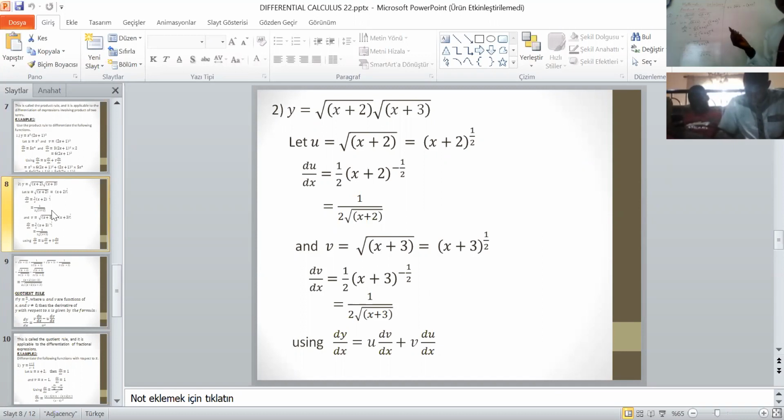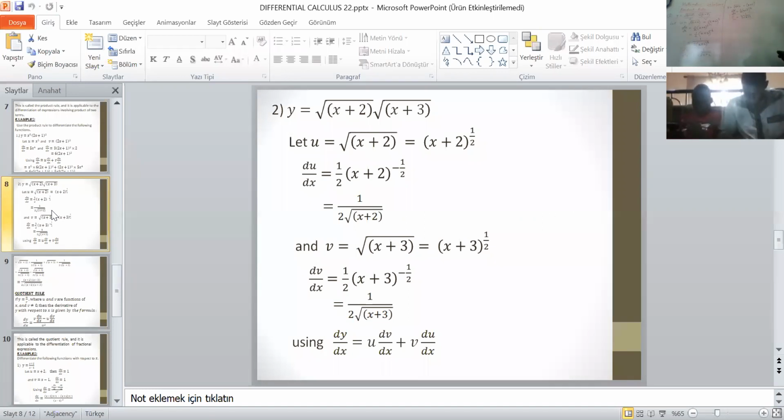Then to differentiate, bring down the power, it means our dv/dx is equal to 1 over 2 times (x+3) raised to the power of minus 1 over 2. And this is going to be 1 over 2 square root of x plus 3. So that means this is our dv/dx now.